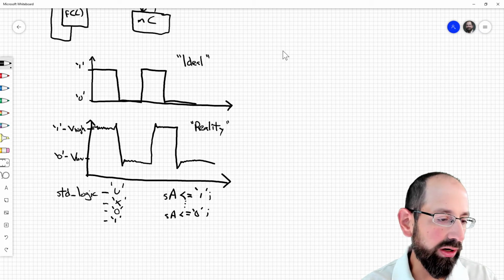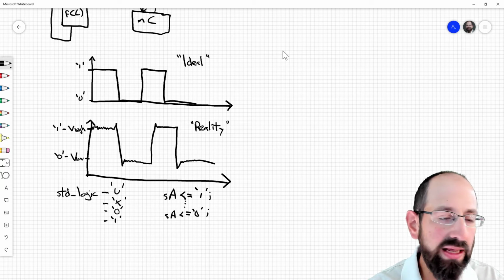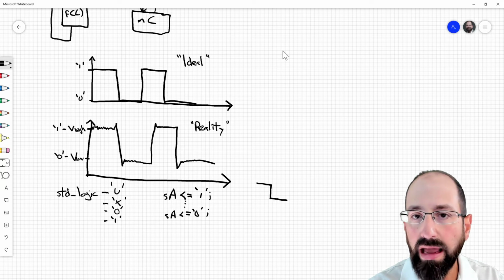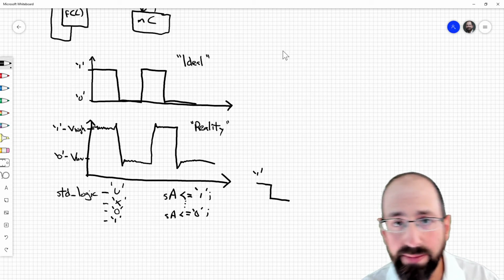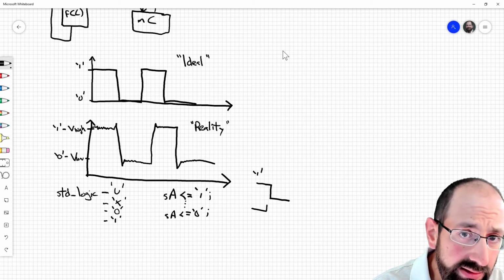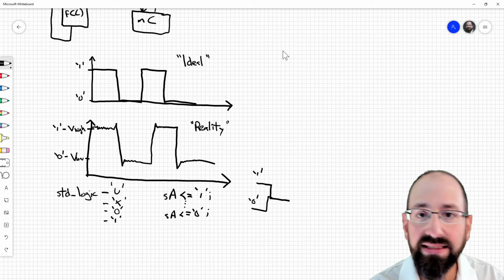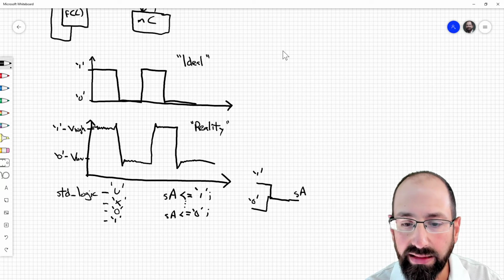And again, going back to our more realistic view of what's happening, what does that really ultimately correspond to? We have a signal, and we're wanting to drive a logic level 1 to it. And then for that same signal, we are also driving a 0, and it's not at some point in the future, right? It's concurrent signal assignments. We have basically inferred this circuit here, and we're calling that our SA.